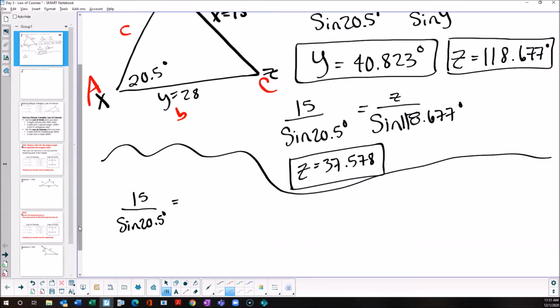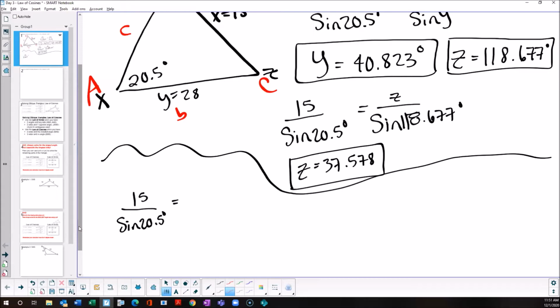Right. But you can also make a triangle if I subtract 180 minus 40.823. That gives me an angle of 139.177. And we have two angles. You with me? That's how I do it. I don't even look at the angles.